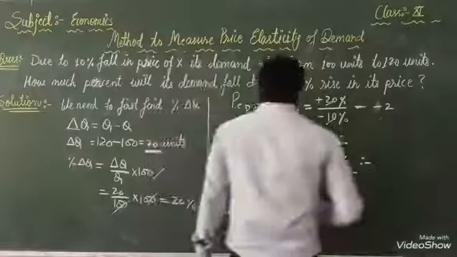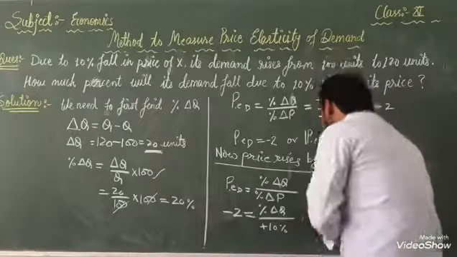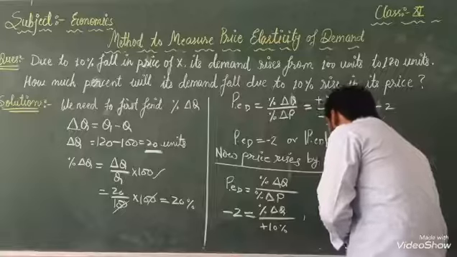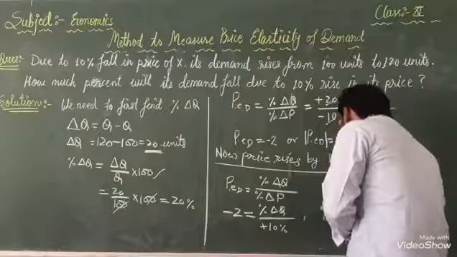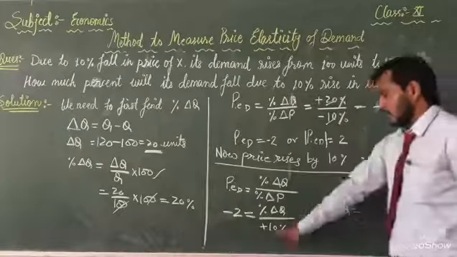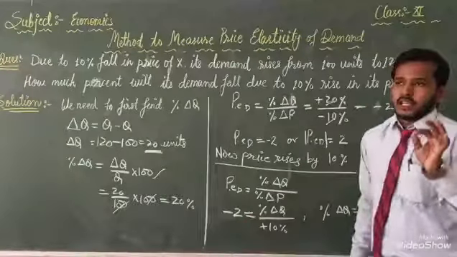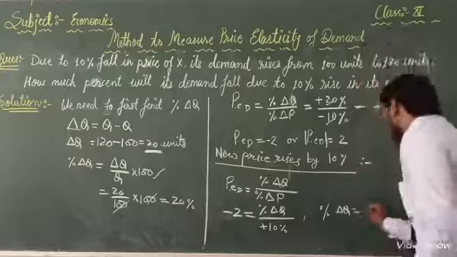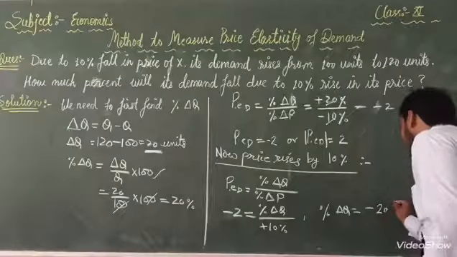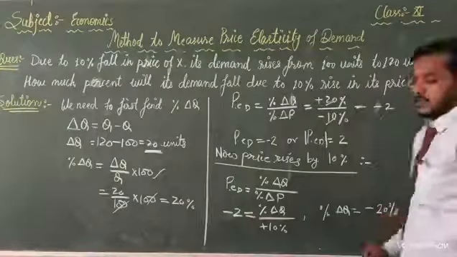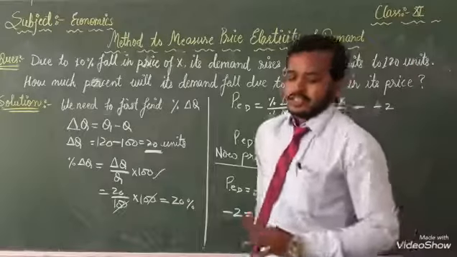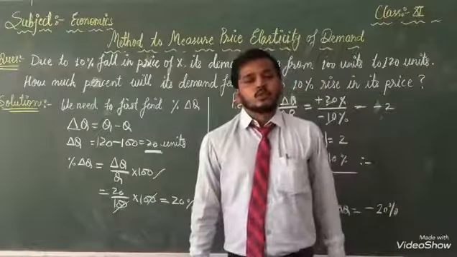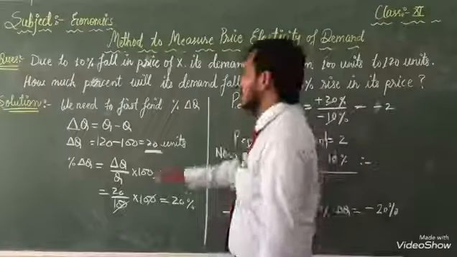Now when we have to solve, we have to do cross multiply. After that we will get percentage change in Q equal to, cross multiply, 10 times 2, that is 20, minus 20%. We have got this: the quantity demand of the good falls by 20%.